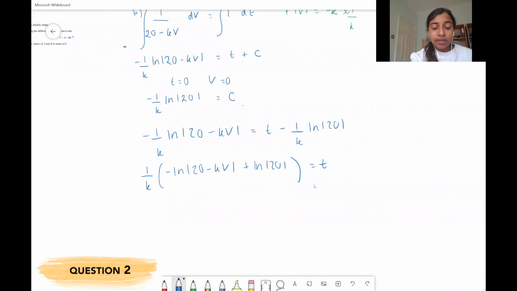So that means we'd have 1 over k of ln 20 over 20 minus kV, that is equal to t.